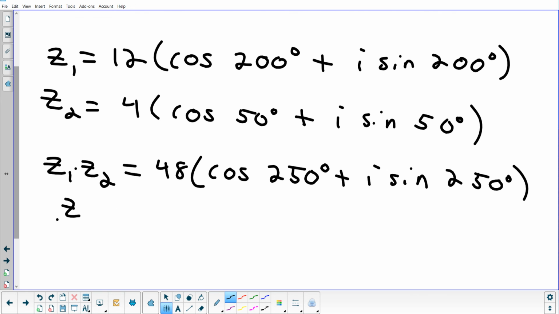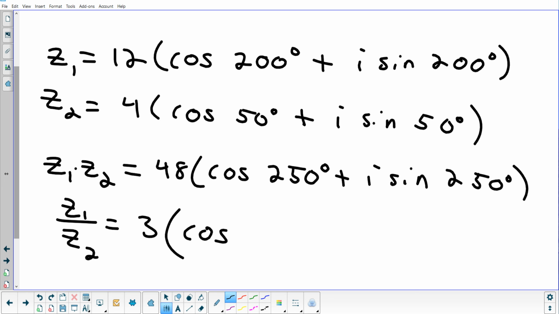All right, and let's divide. What's going to be my radius if I divide z1 by z2? Eli? 3. Take your two radii and divide them. And what's going to be my angle?